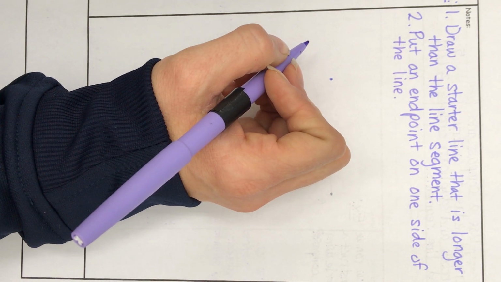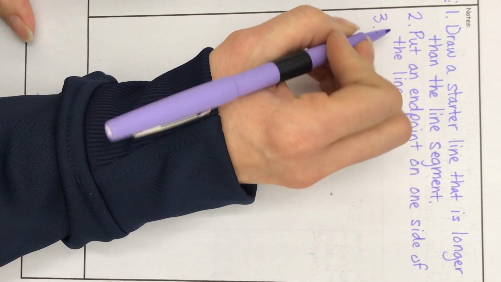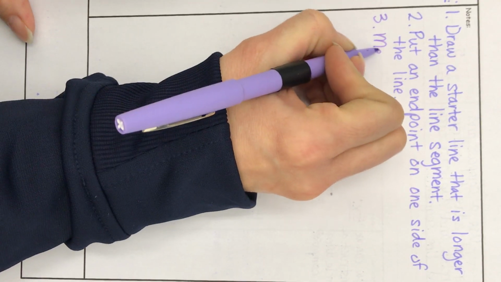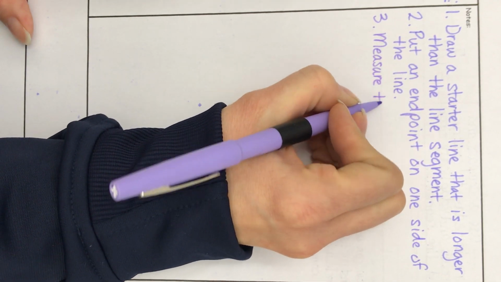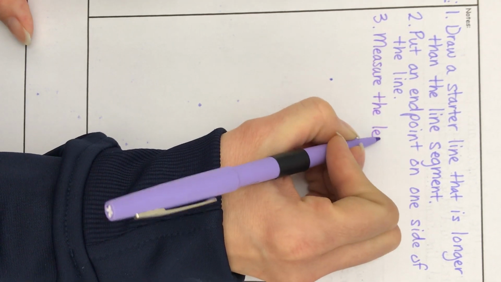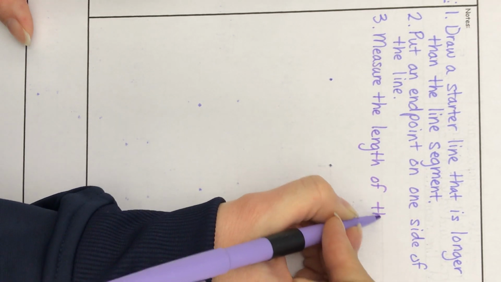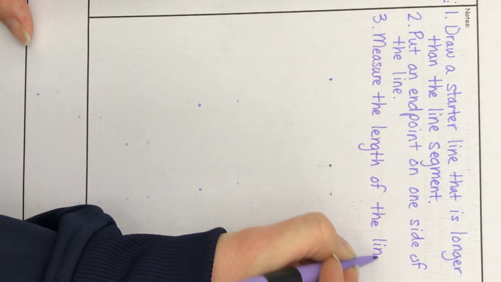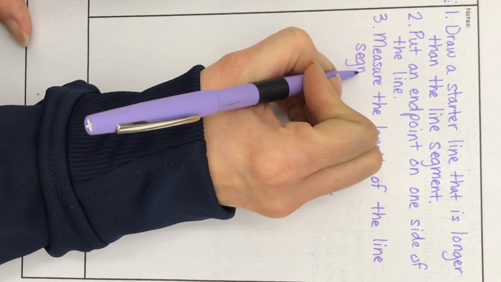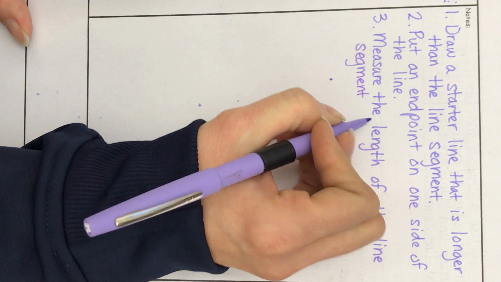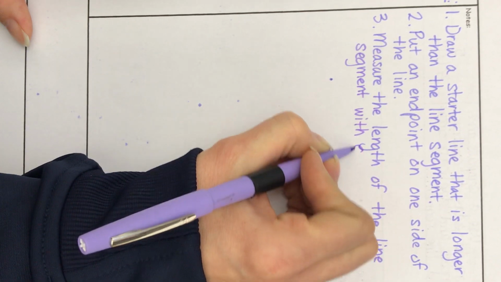The next thing that we did is we measured the line segment with our compass. So measure the length of the line segment with our compass.